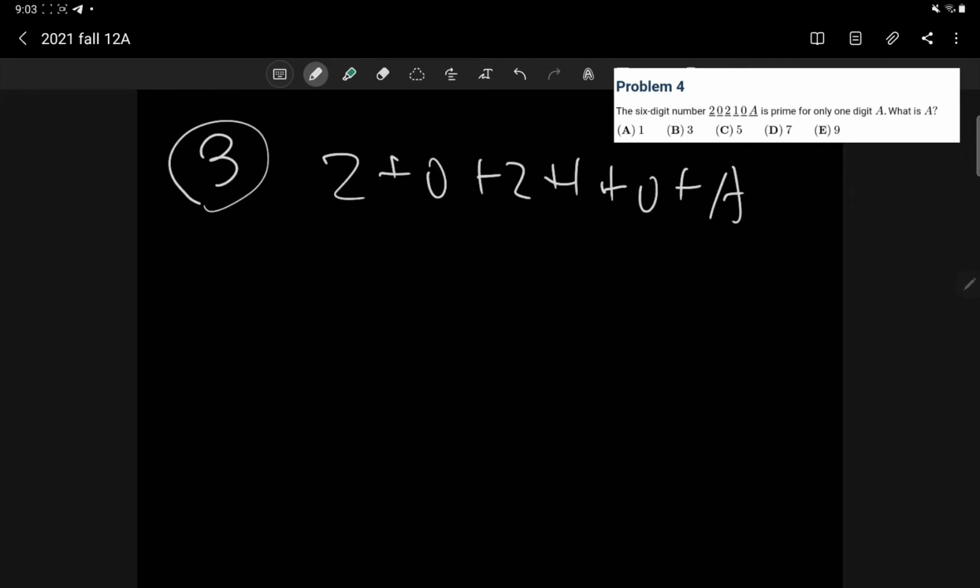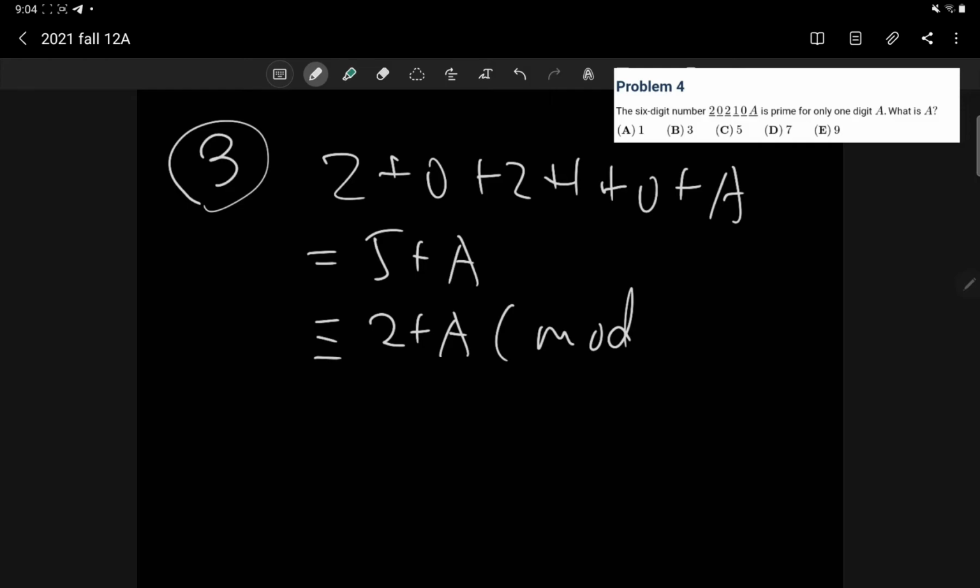Now we can apply our first filter, which is divisibility by 3. I think everybody knows that an integer is divisible by 3 if the sum of all the digits is, like 2 plus 0 plus 2 plus 1 plus 0 plus A, which equals 5 plus A, is divisible by 3.